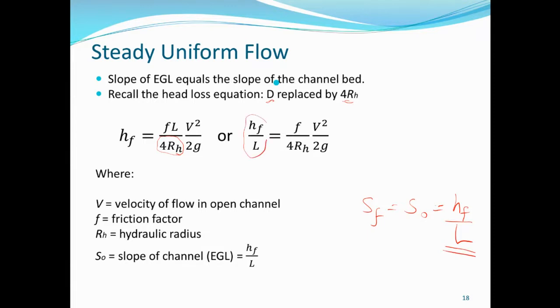So the slope now is given by this. And when you try to make V the subject of the formula, if you replace S_F with S naught, you will have V equal to the square root of 8 g R_H over f, times S naught.